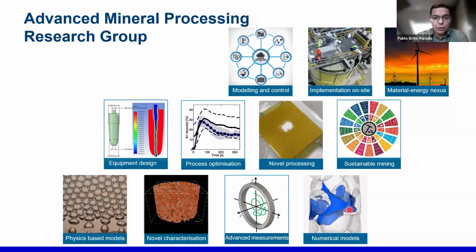So we focus on the physics, novel characterization techniques, measurement techniques such as PEPT, the one that I'm going to be focusing on today, and then combining it with simulations to then start using this for equipment design, optimization at the lab scale, and taking it all the way to implementation on site. And on the way, developing with the models also control strategies and looking at the bigger picture, for example, material energy nexus, the role of water in mining and processing, and so on.